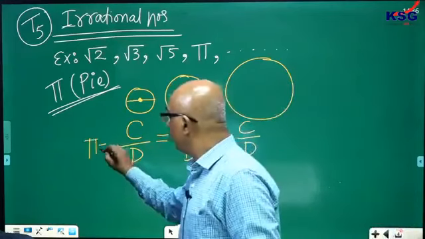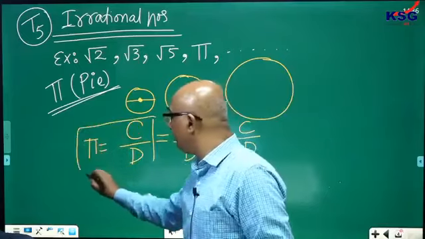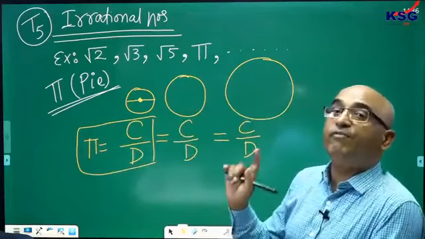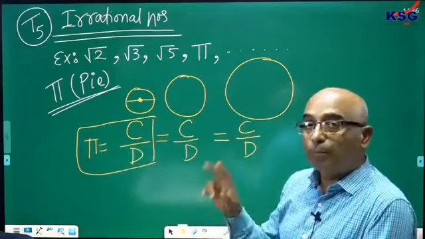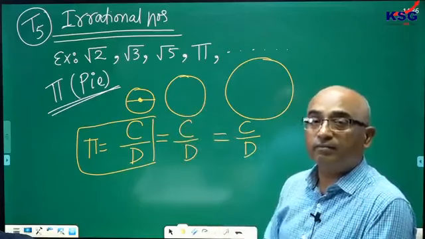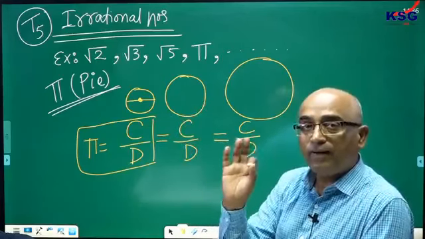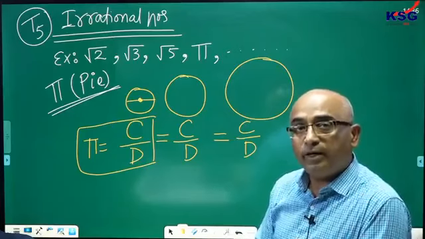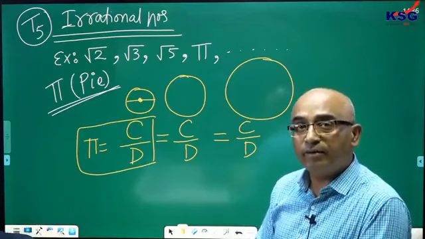So students, what is pi? Pi is a mathematical constant derived from a circle. Pi is the ratio between circumference and diameter. Take any circle, find the ratio of circumference to its diameter.